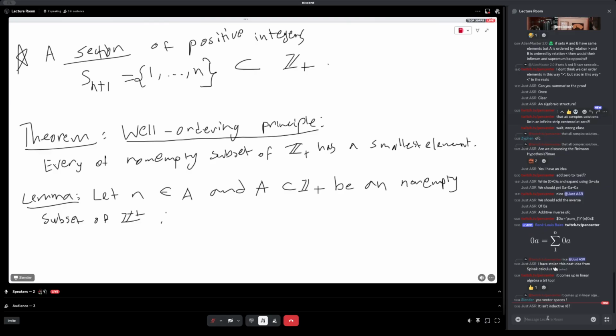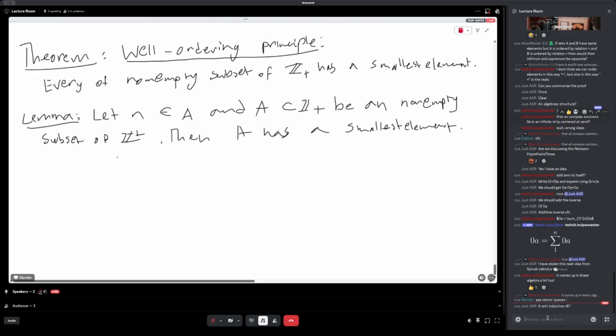Then A has a smallest element. So this is our lemma. We now prove this lemma.